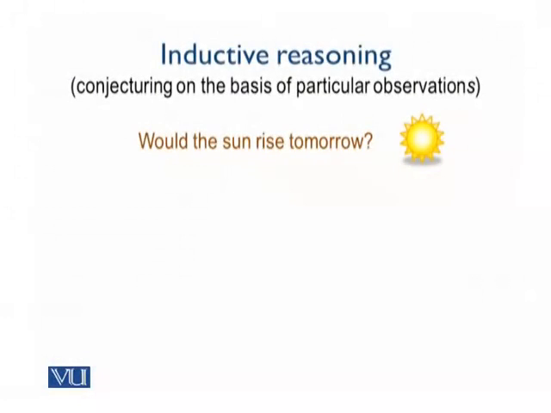Let me give you more examples of inductive reasoning. So we already know that because we've observed the sun to rise for thousands of years, we're reasonably certain that it will rise tomorrow. इस तरह की knowledge का कोई philosophical base क्या है? इसमें सिर्फ हम observation से generalize कर रहे हैं, और for all we know, the future may not be like the past.